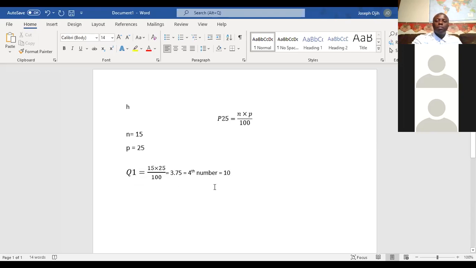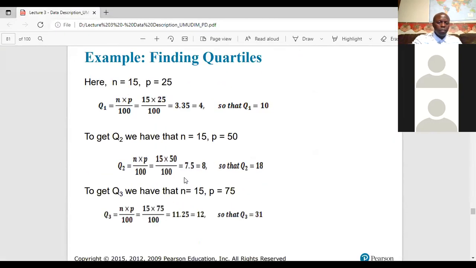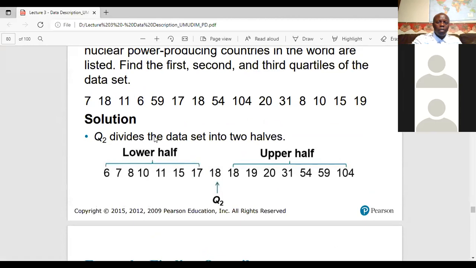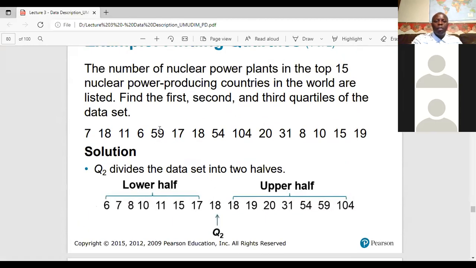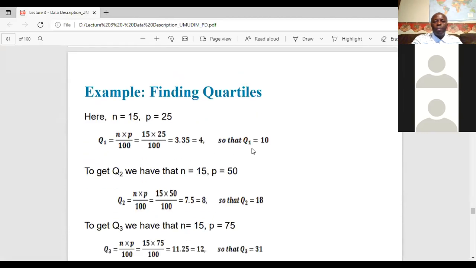What does this mean? It means that because Q1 is the 25th percentile, about 1/4 or 25% or less of these countries have 10 nuclear power stations.